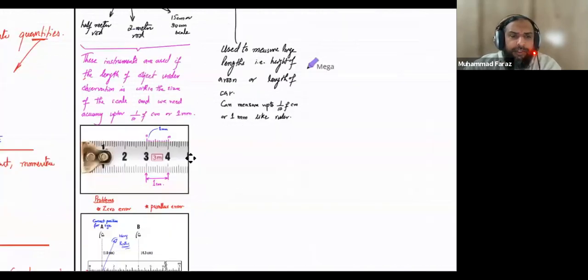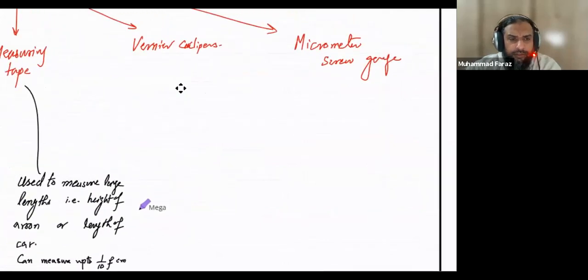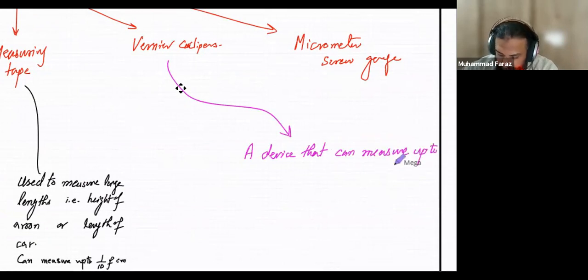Now, what are vernier calipers? Remember, it is a device that can measure up to 1/10 of a millimeter or 1/100 of a centimeter.